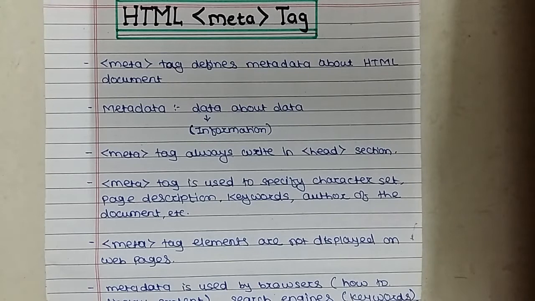These are some very important points about meta tag. First, meta tag defines the metadata about HTML document. Metadata means data about data or information about information. Meta tag is always written in the head section.